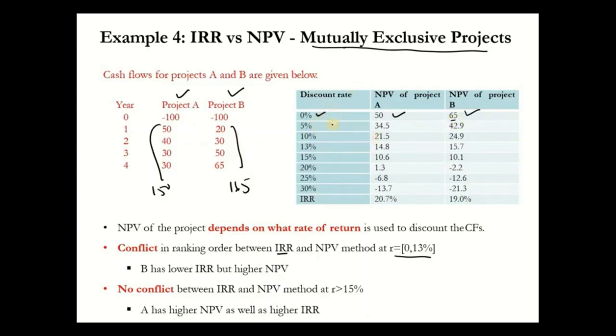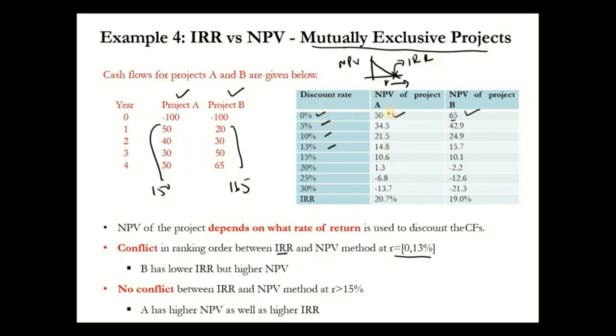But if you are paying some cost, discount rate is 5%, 10%, 13%. If you increase the discount rate, NPV should decrease, right? This is what we last time studied. If you increase the discount rate, your NPV should decrease, and at that point it was called IRR. Okay, we remember that.